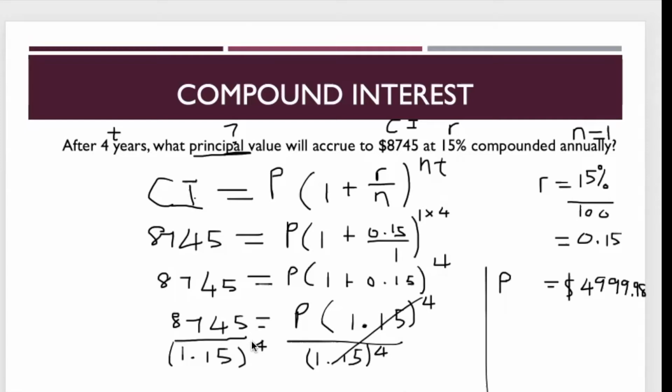So I would have 8,745 divided by 1.75 to get $4,997.14. So you realize I'm getting a smaller number. But because I want a more precise number, that is why I didn't round off this value.